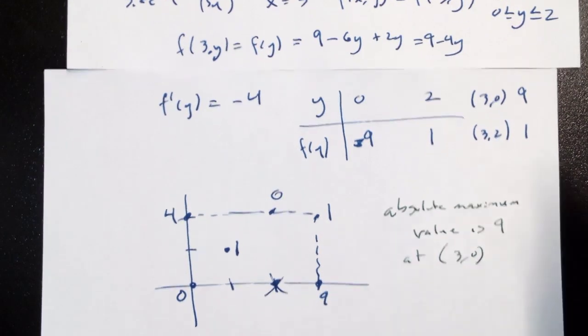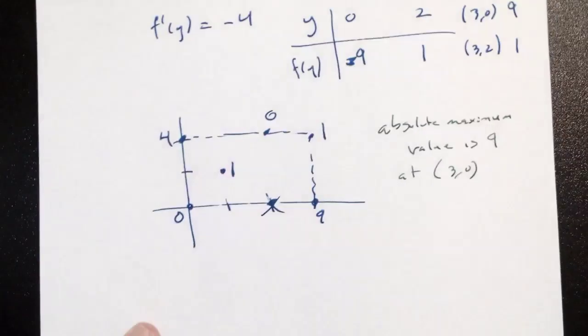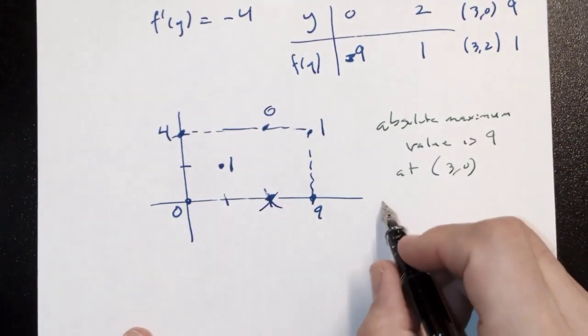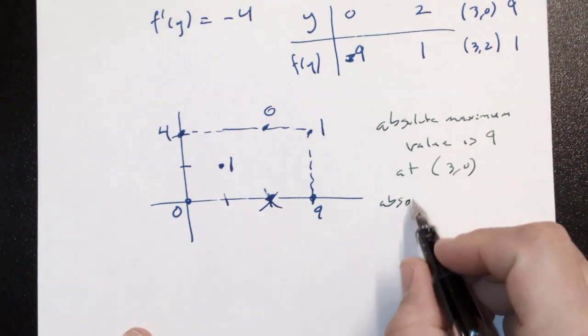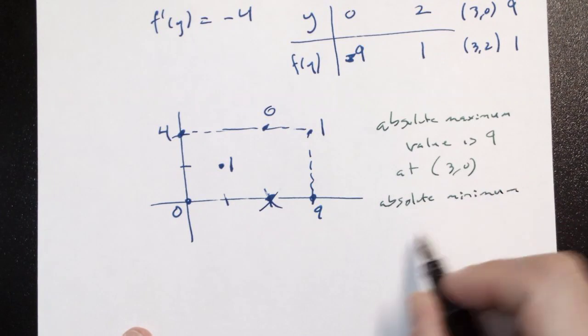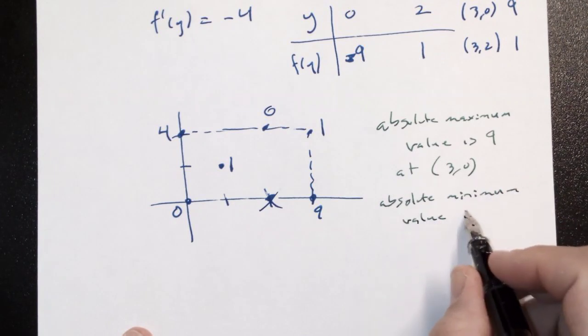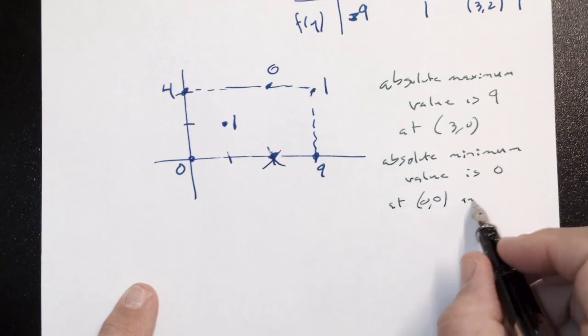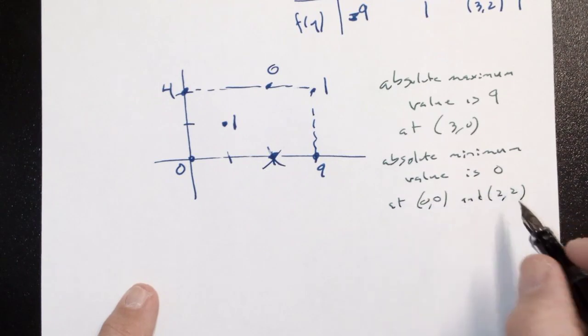My maximum value is 9, and it occurs at the point (3, 0). And my absolute minimum value is 0, and that's at (0, 0) and (2, 2).